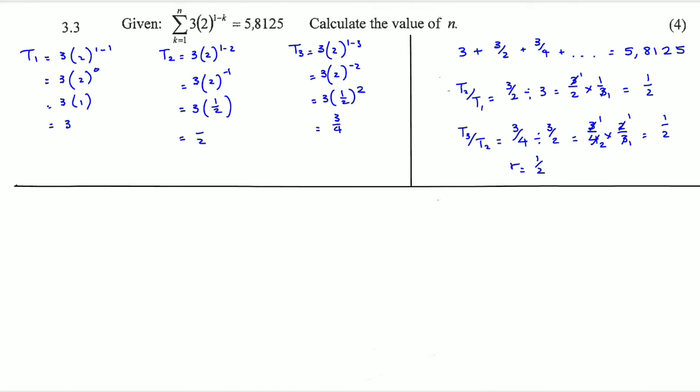Next, we'll use the formula for the sum of a geometric series to find n. The formula is S n equals a times 1 minus r to the power n over 1 minus r. S n we've been given is 5,8125, and that's equal to a, the first term, which is 3, times 1 minus half to the power n, divided by 1 minus half.